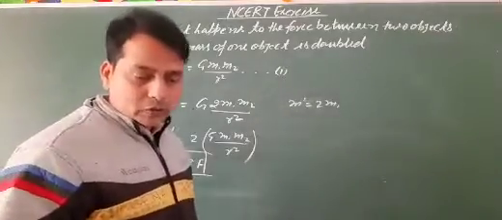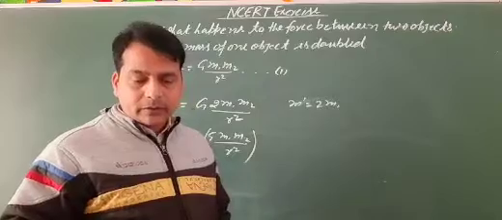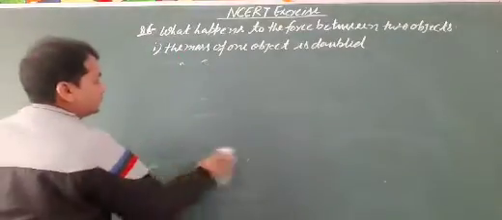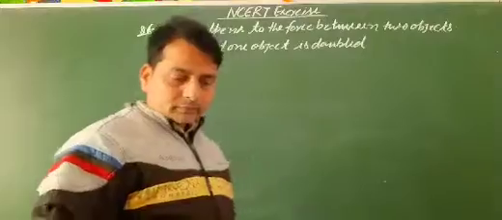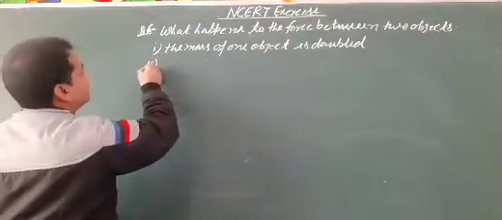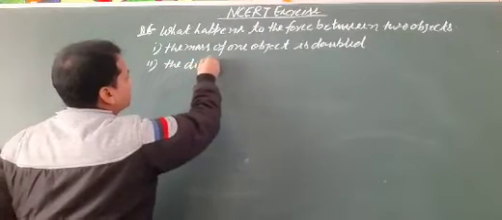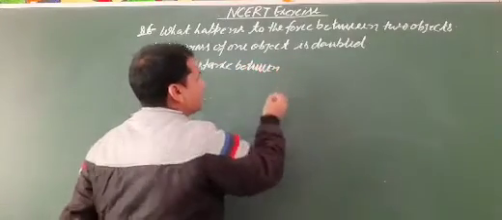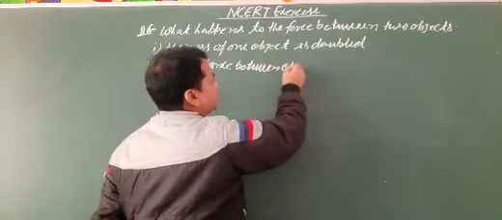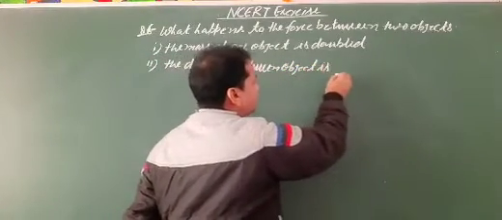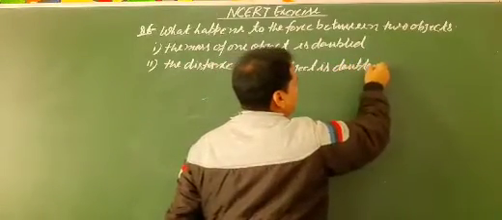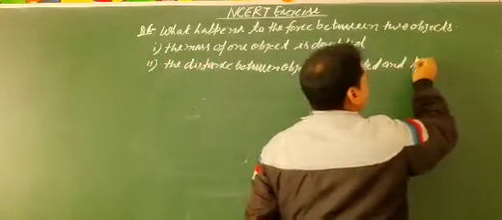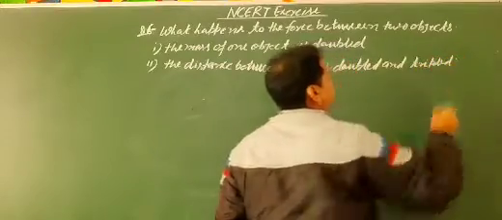Now the next question, question number 2: the distance between the objects is doubled and tripled.